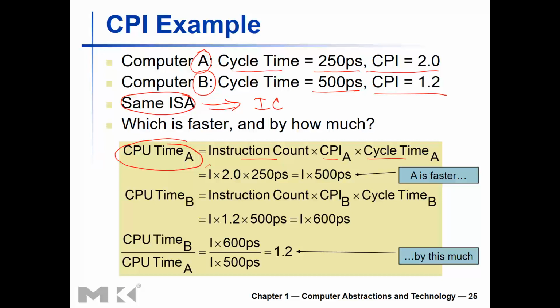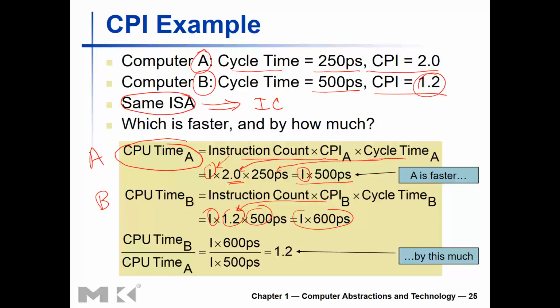So the instruction count I times the CPI, for computer A, times the cycle time, gives me 500 picoseconds times I. Let's go for computer B and apply the same formula: instruction count I times 1.2, the CPI, times the cycle time, which is 500 picoseconds. That gives me I times 600 picoseconds.